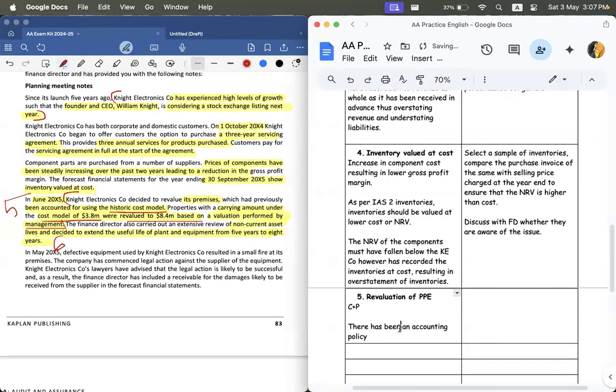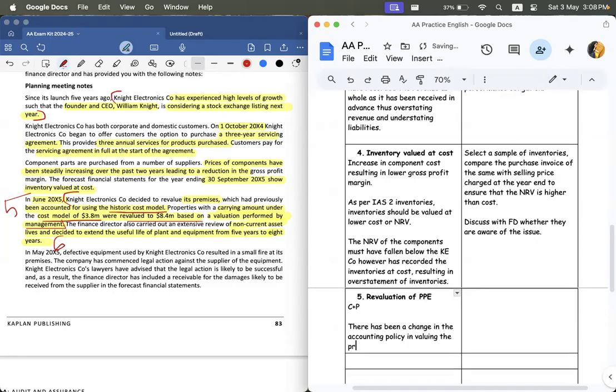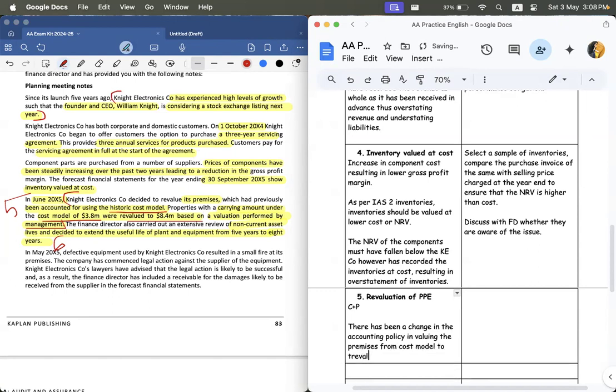There has been a change in the accounting policy in valuing the premises from the cost model to the revaluation model, right?